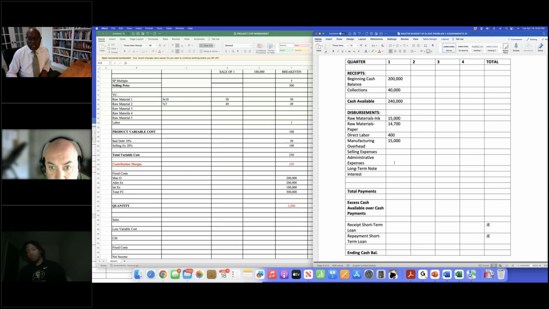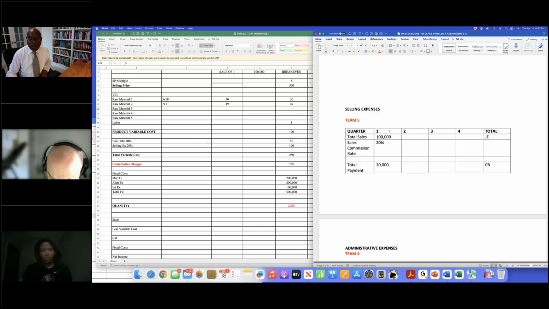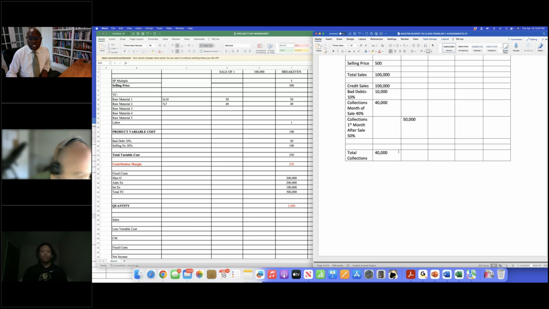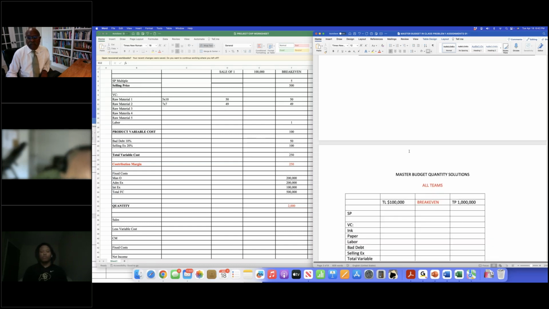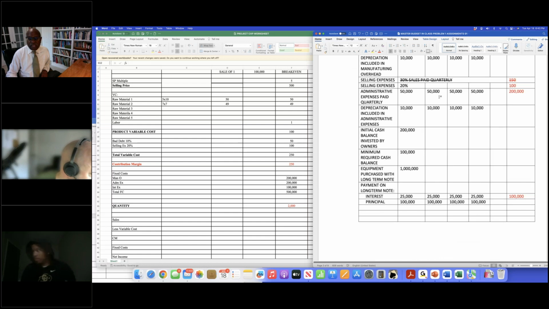Next come the administrative expenses. The administrative expenses are going to operate just like manufacturing overhead. It was 50,000. 10,000 of it was depreciation.